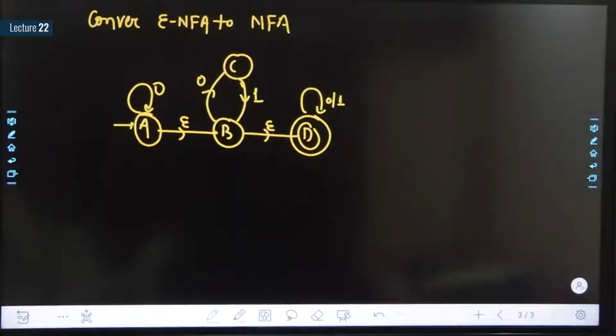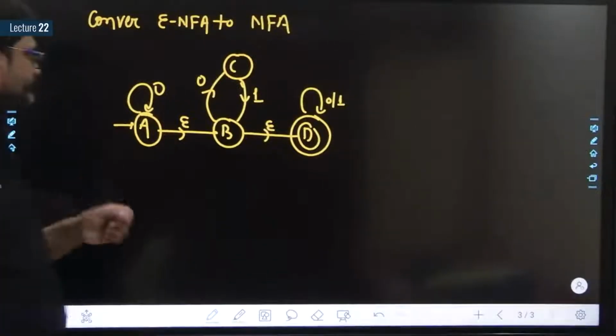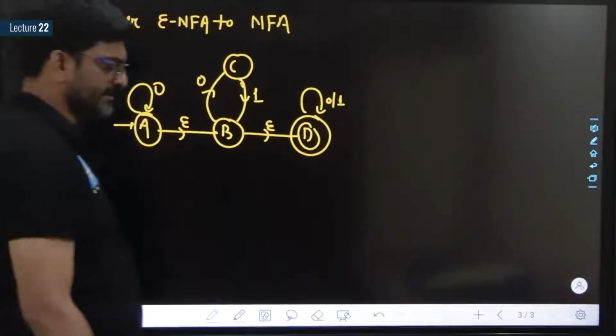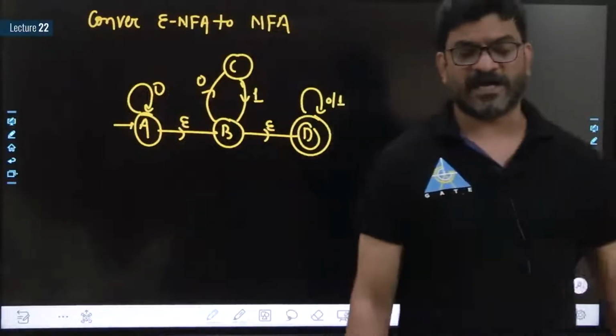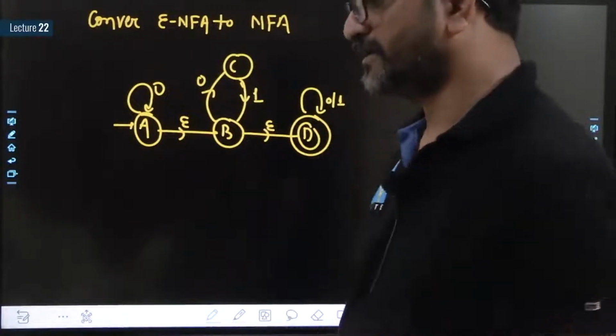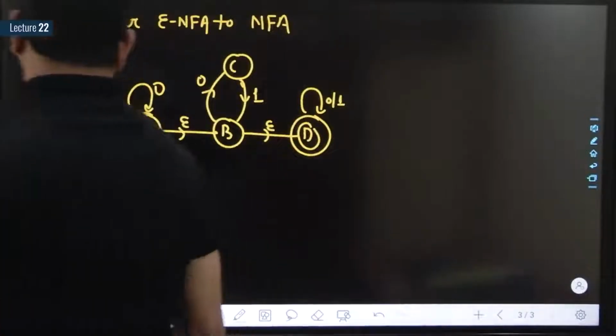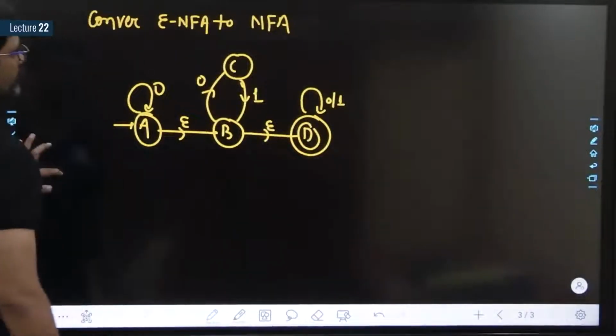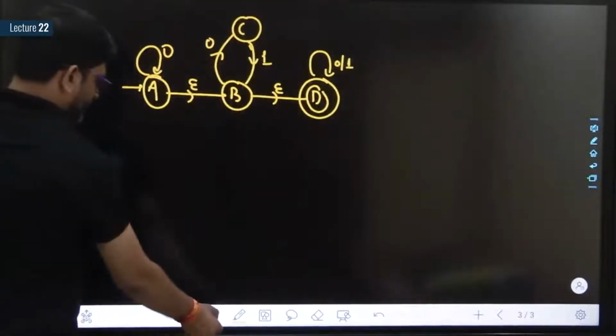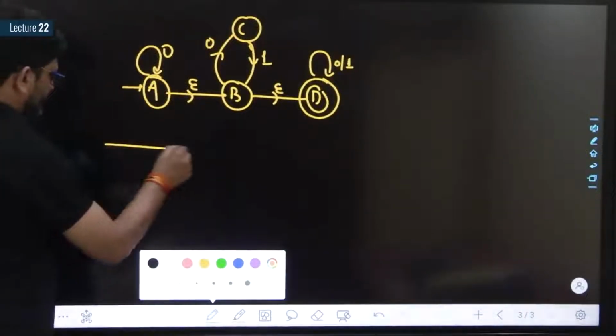One example, after that you will do. This is the given Epsilon-NFA, convert it into the NFA. I am using a transition table.